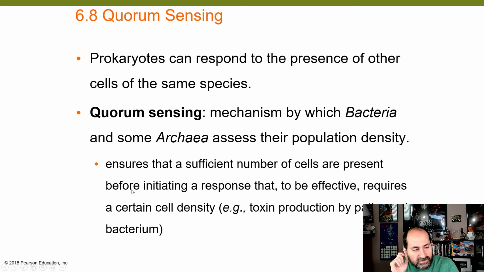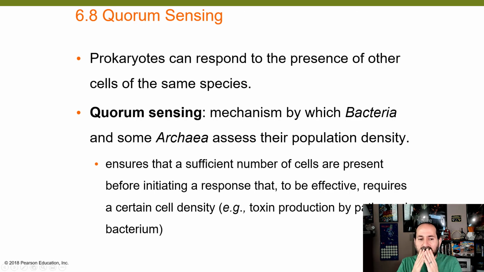Now, the last concept of this chapter is quorum sensing. It's a very interesting type of signaling and control of expression that occurs in prokaryotes. Quorum sensing involves prokaryotes that can respond to the presence of other cells of the same species.